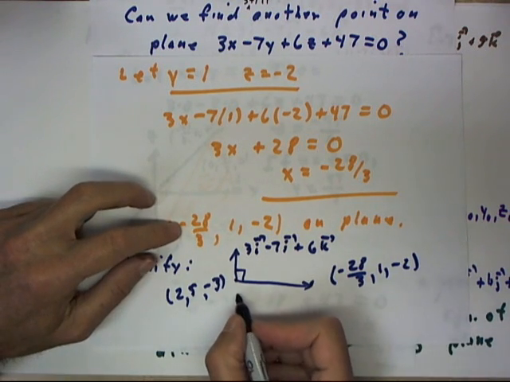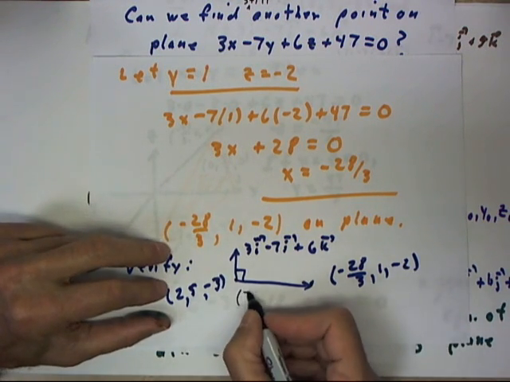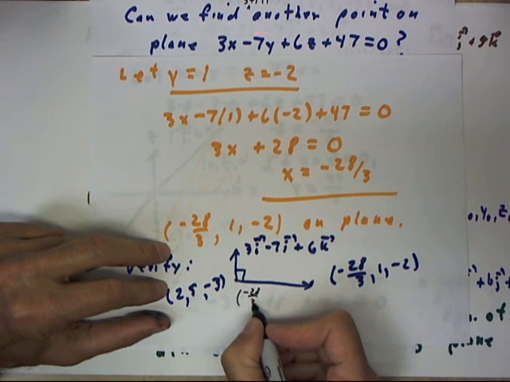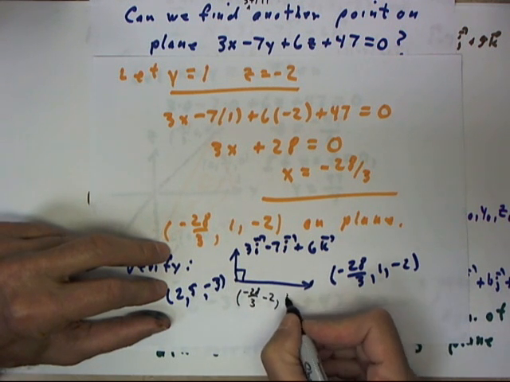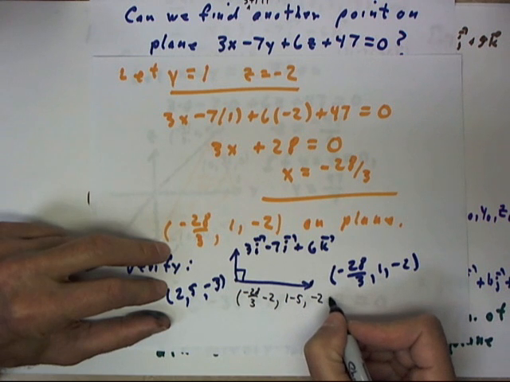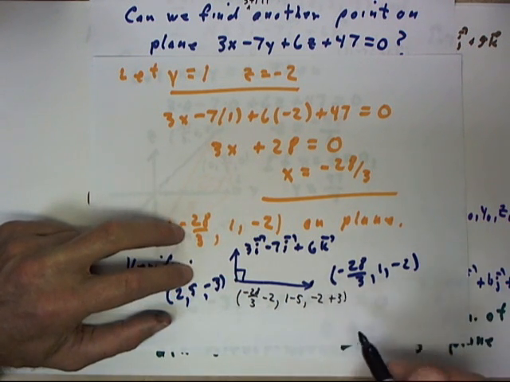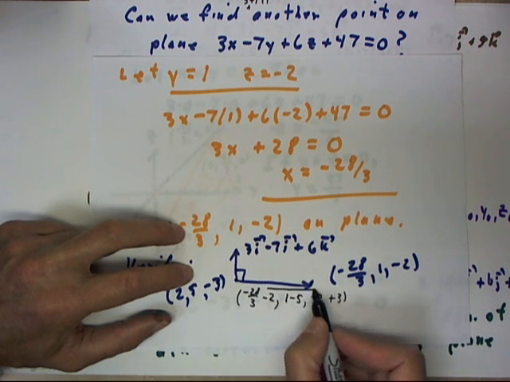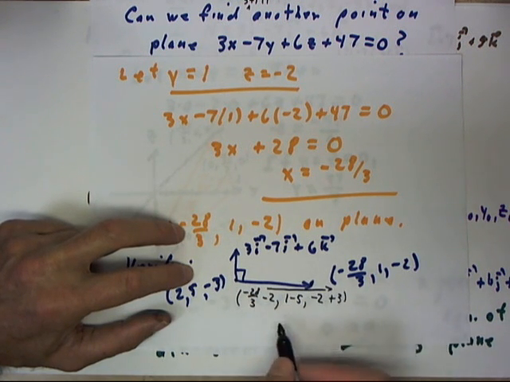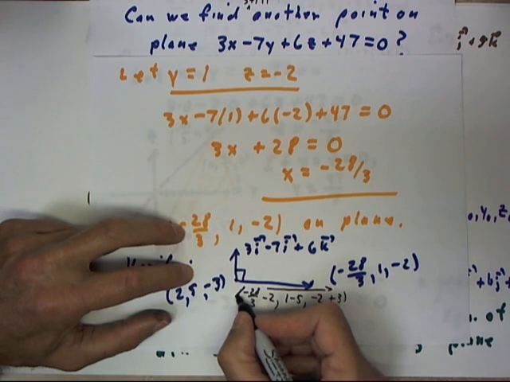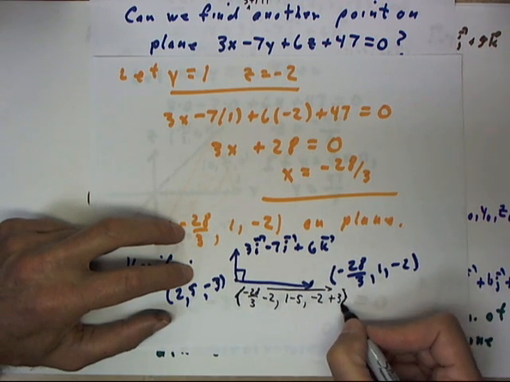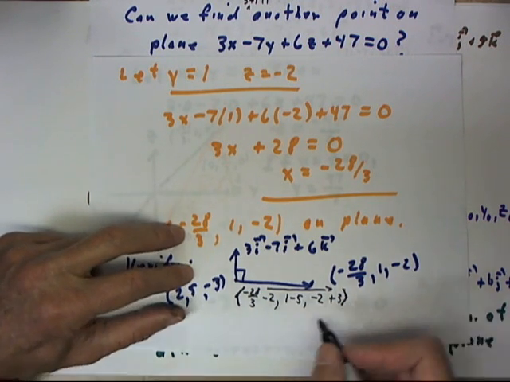Well, this vector is, now it's -28 thirds minus 2, 1 minus 5, -2 minus -3 is -2 plus 3. And I'm going to put an arrow over that to indicate that these are the components of a vector. And actually we use kind of pointy braces also to represent a vector.